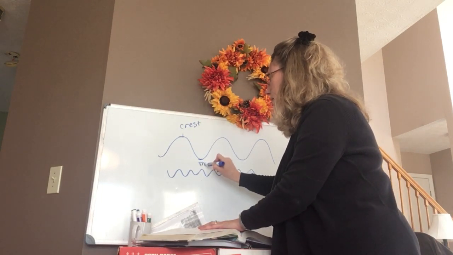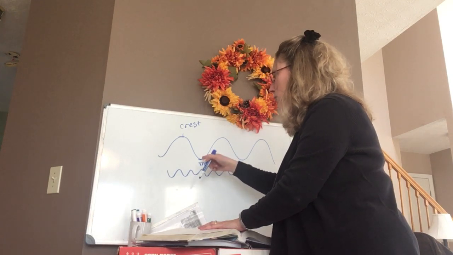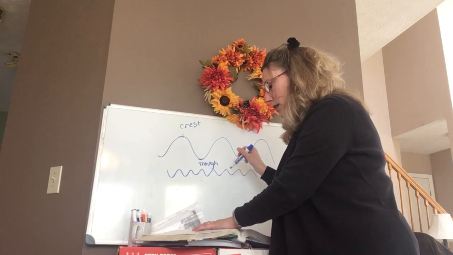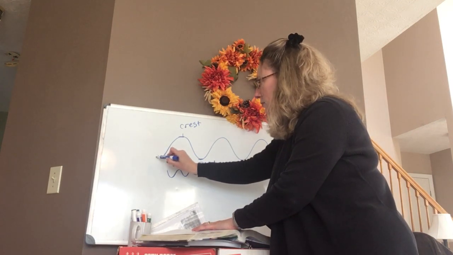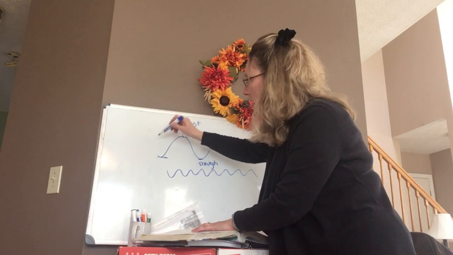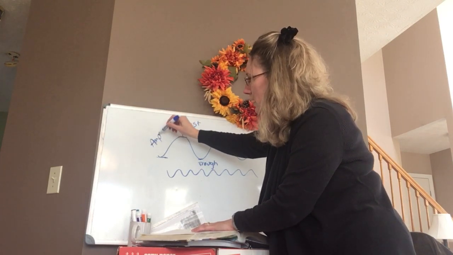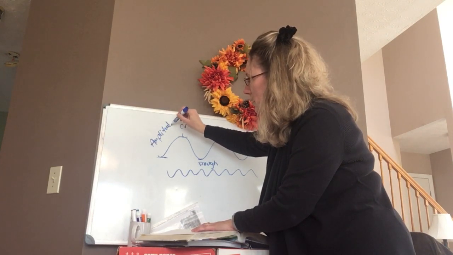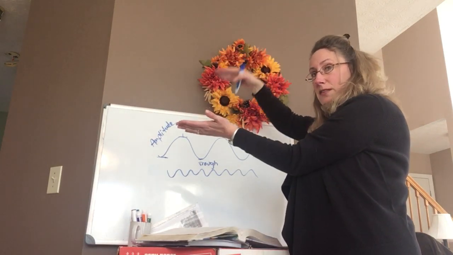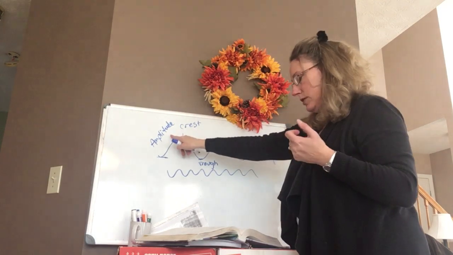Here's a trough. Like an animal would eat out of a trough. And the difference between a trough and a crest is going to be your amplitude. So how big your wave is from the bottom to the top is called your amplitude.